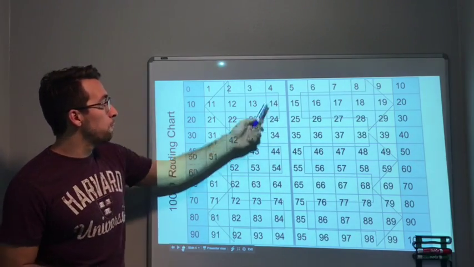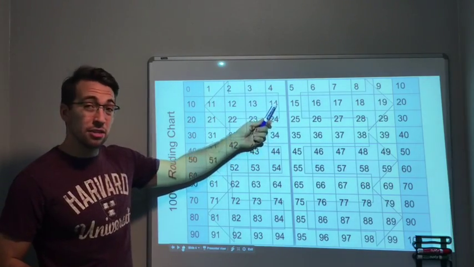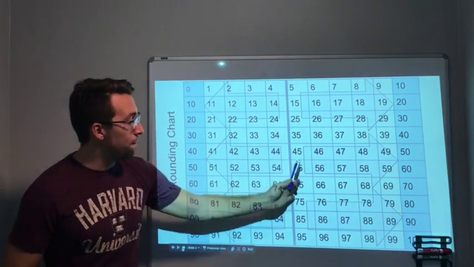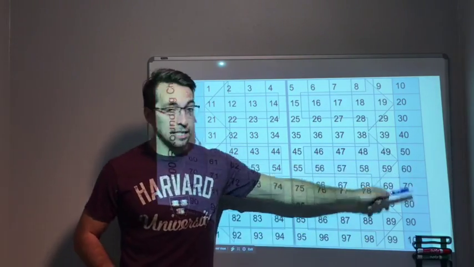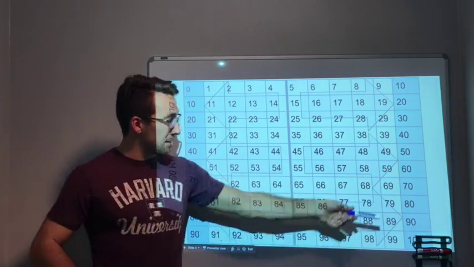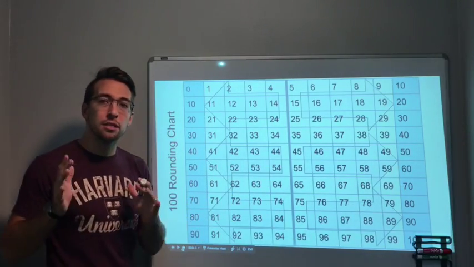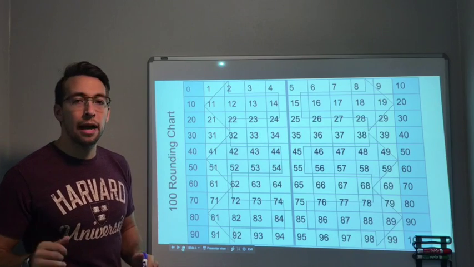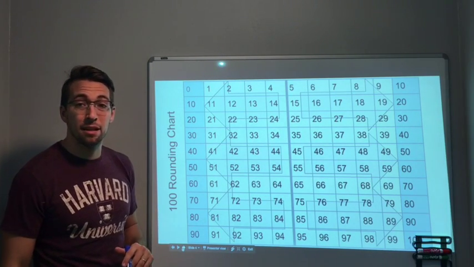So 4 rounded to the nearest 10 is 0. 14 rounded to the nearest 10 is 10. But if you have 5 or greater, 55 rounds to 60. 66 rounds to 70. 88 rounds to 90. This is a really cool chart. Print it out, keep it. You can webmail me, and I'll send you this PDF by itself if you'd like.